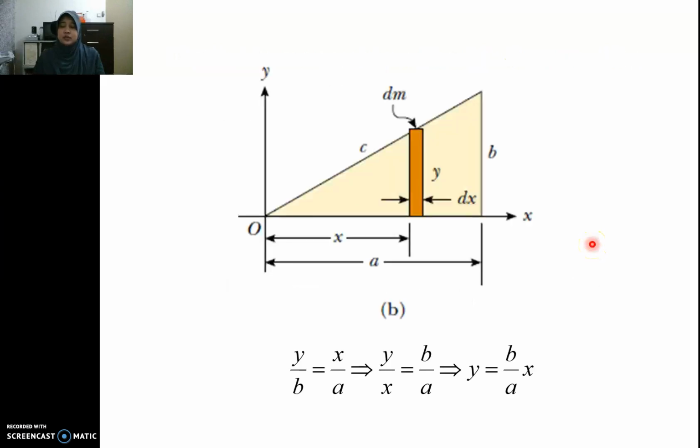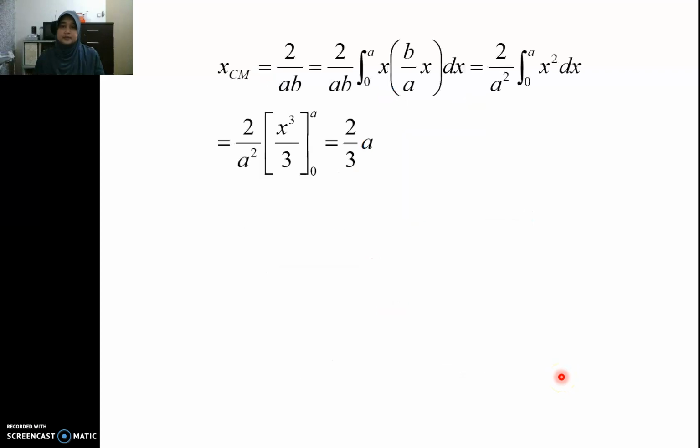So we get the relationship between x and a, where x over a equals y over b, and we get the expression y equals b over a x. Then we substitute into y here.